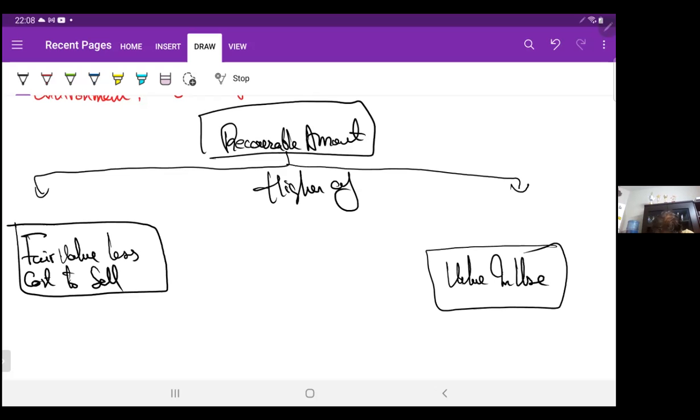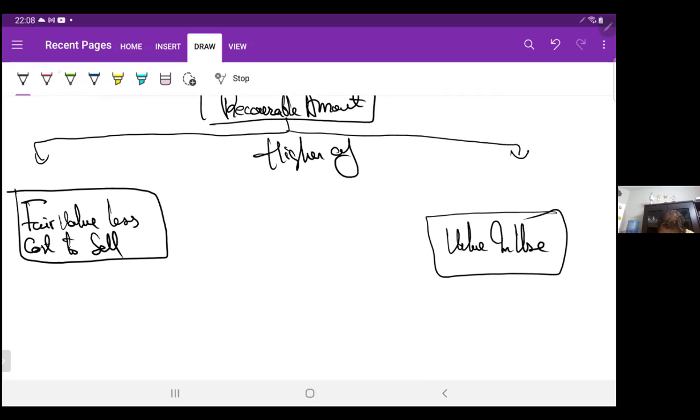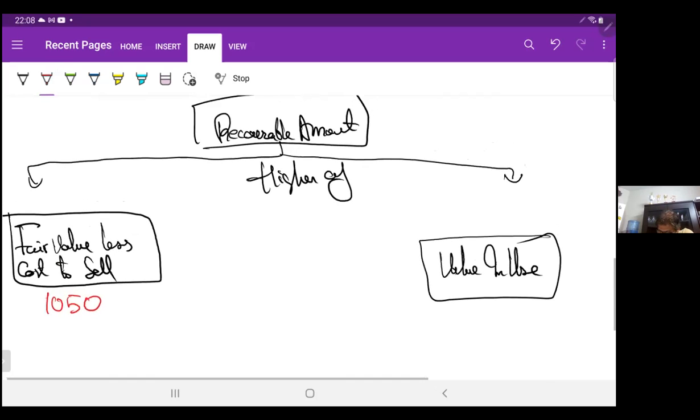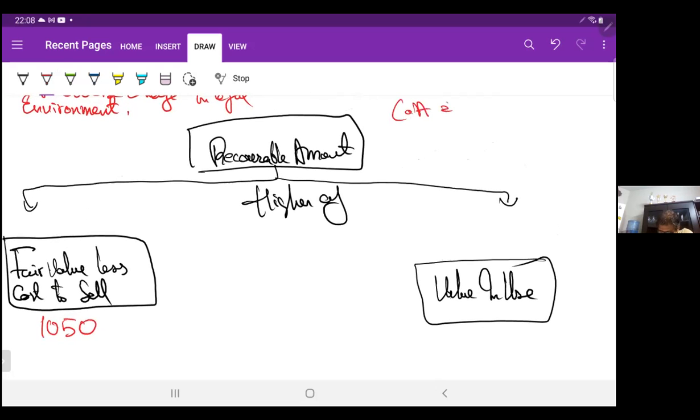Okay, and remember, now let me give you an example of how it works. For example, one asset has carrying amount, let's say, 1000. Fair value less cost of sale is 950, and value in use is 800.